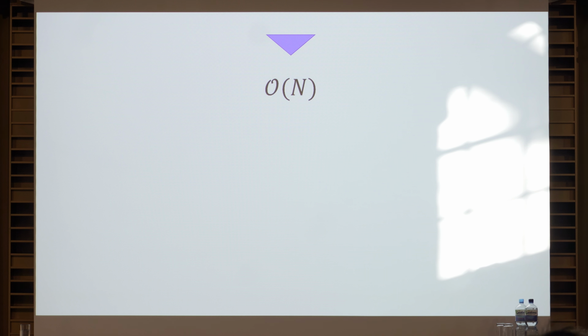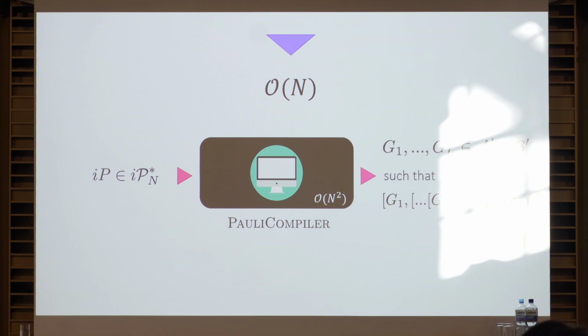Okay, and the way we prove it, in fact, also how we prove the construction, is that we give an explicit algorithm that does it. This algorithm, we call it the Pauli compiler. You input a target Pauli that you want to reach, and it outputs a sequence of Paulis of your generating set, such that their repeated commutator gives you your target Pauli.